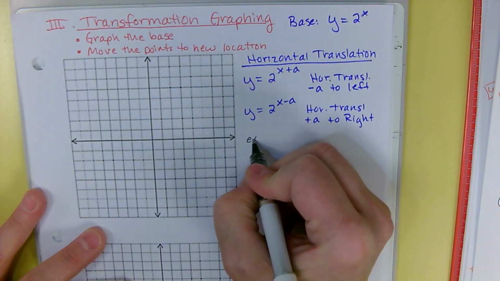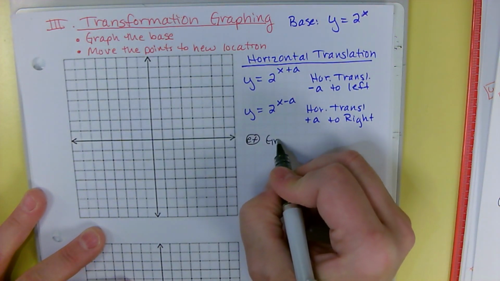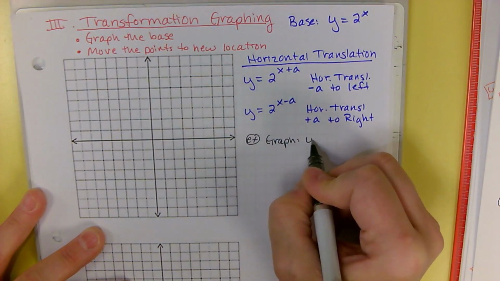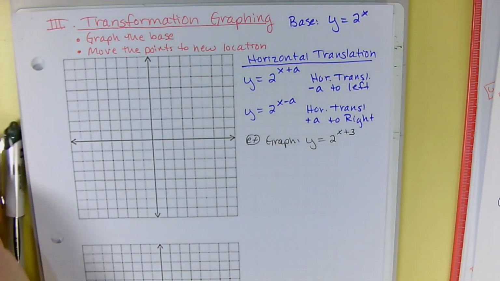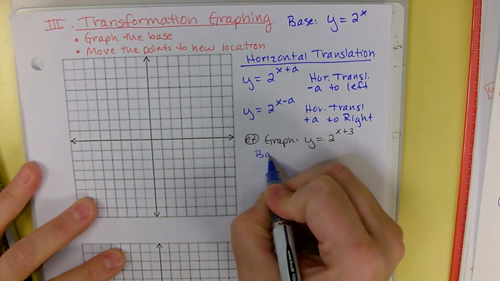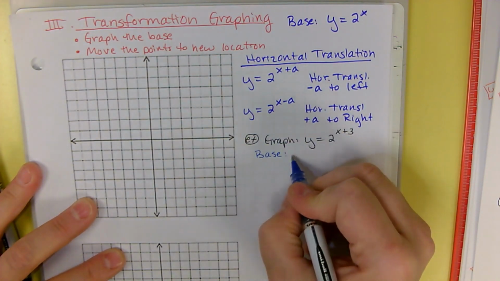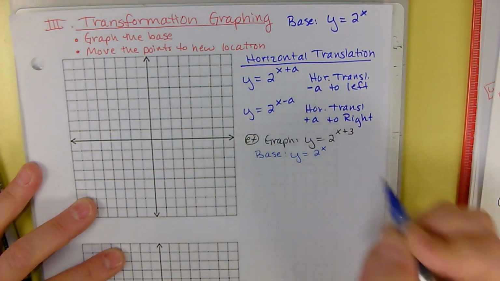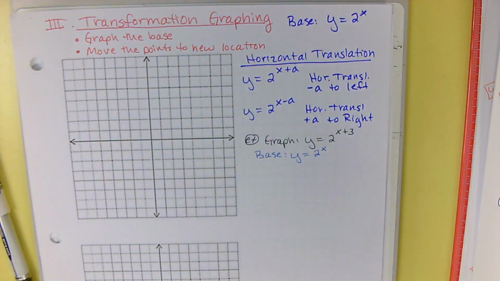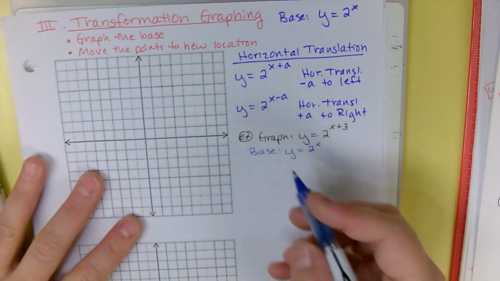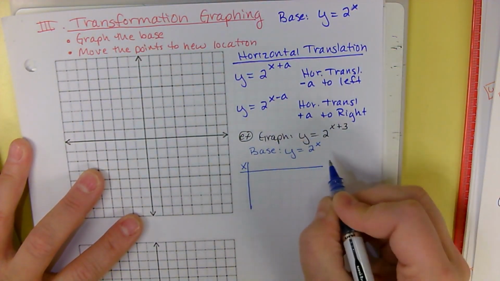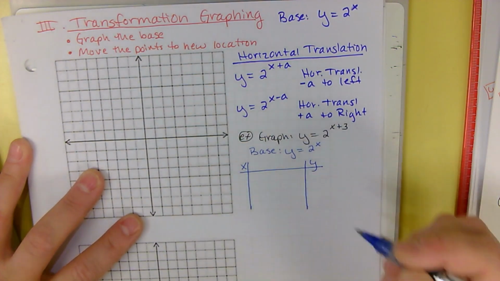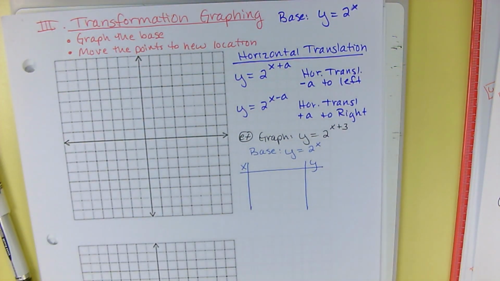All right, so for example, we are going to graph y equals 2 to the x plus 3. So your base graph is y equals 2 to the x. Same base, but just a plain x. And you're going to get super good at running points for a base graph because we're going to use the same base graph on multiple ones.